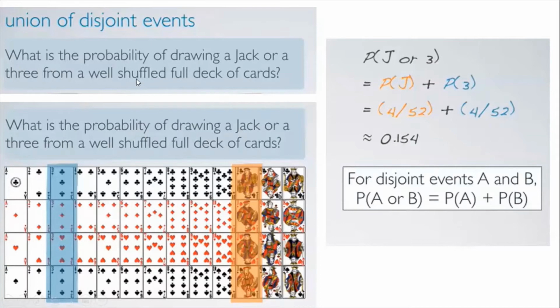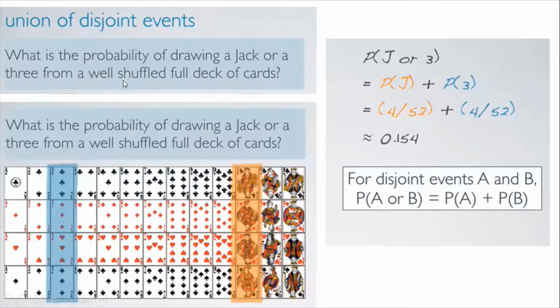What is the probability of drawing a jack or a three from a well-shuffled full deck of cards? Well-shuffled means it's a random process. It is not rigged, and it is not ordered by somebody.